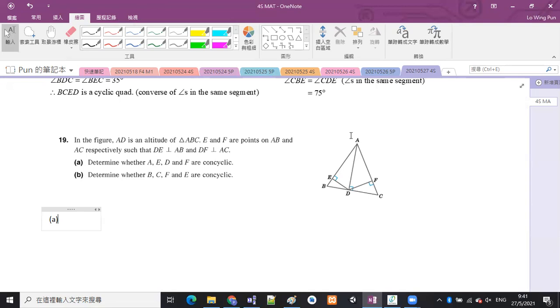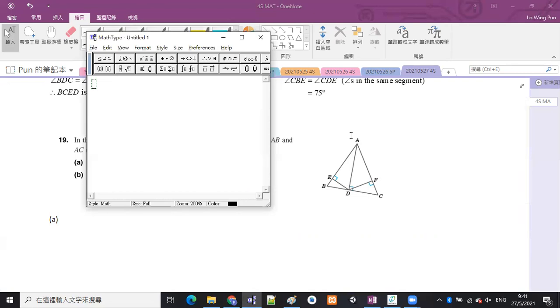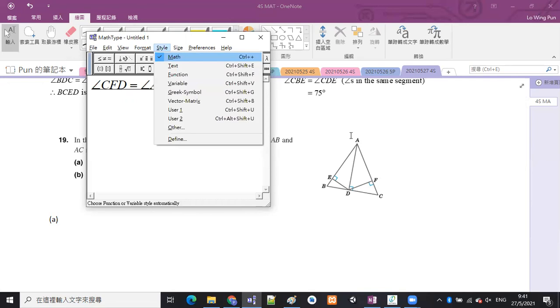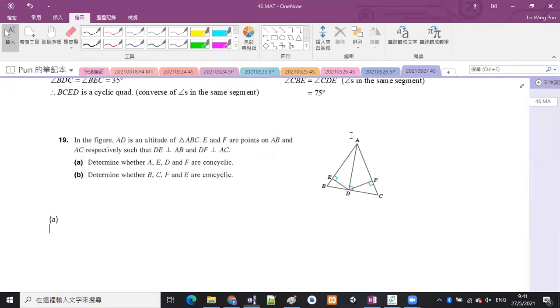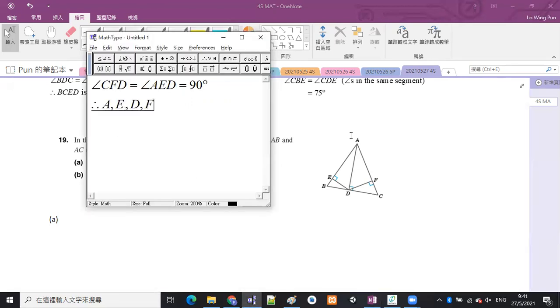Of course, you can also use the sum being 180 degrees. So angle CFD is equal to angle AED, and they are both equal to 90 degrees. Therefore, I can say that A, E, D, F are concyclic.